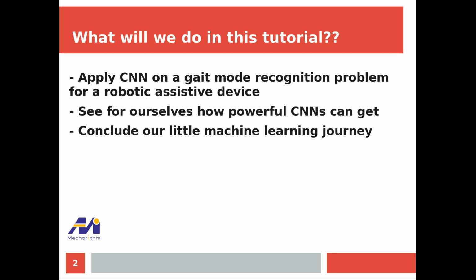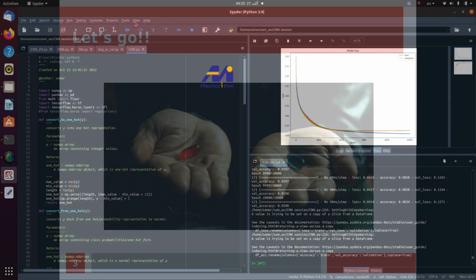So we need to design a high-level module that is able to determine the exact gait phase or gait mode of that person and predict what kind of assistance that person needs, or what kind of actuation is needed for the knees and ankles of that person. We're going to see for ourselves how powerful CNNs can get, and of course we're going to conclude our little machine learning journey. So let's go.